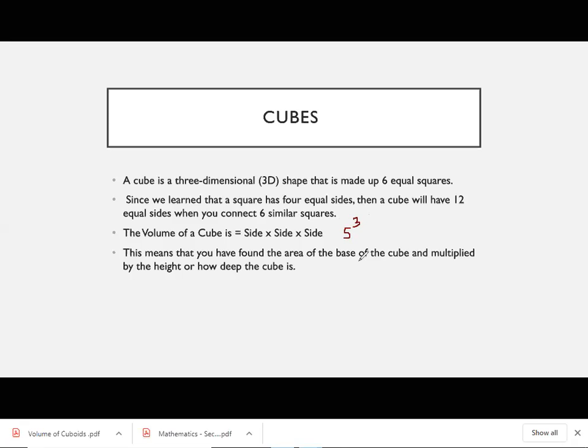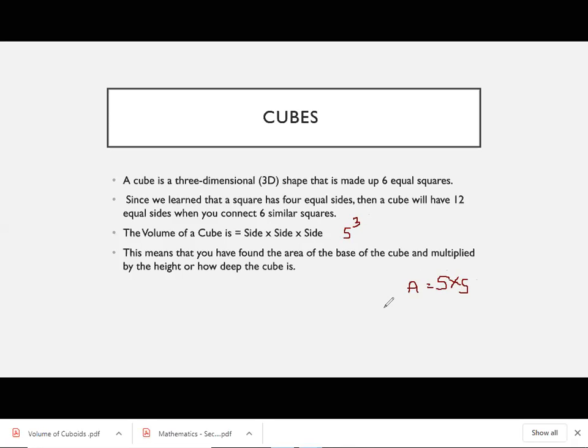Now, when you were doing area and perimeter, you learned that when you want to find out area, area is equal to side, and you multiply that by side. That's why volume is side, side, and an extra side.